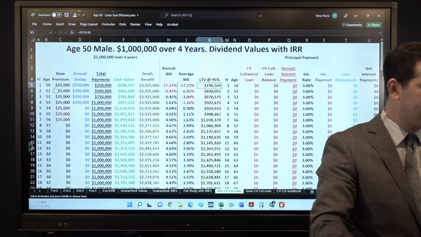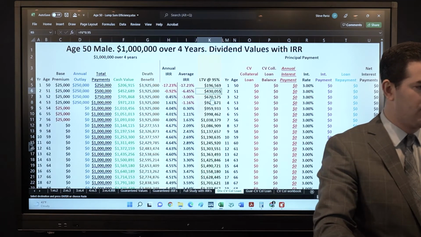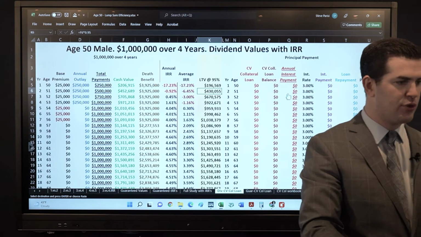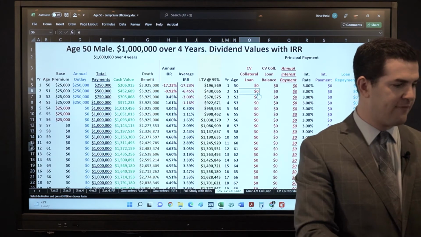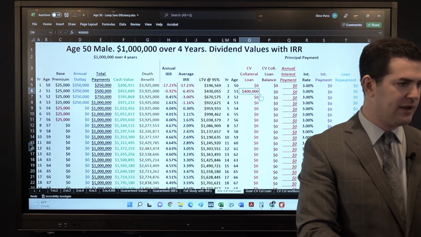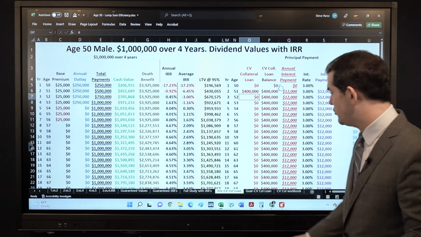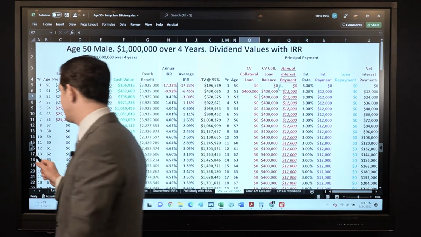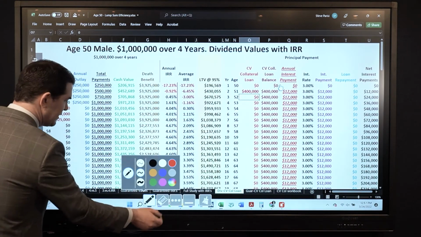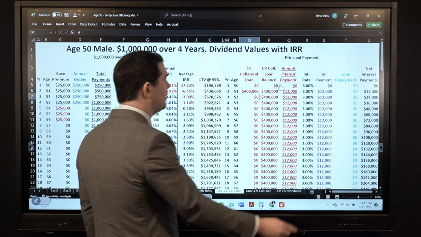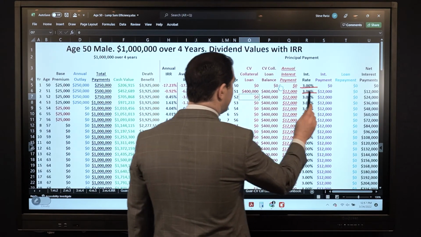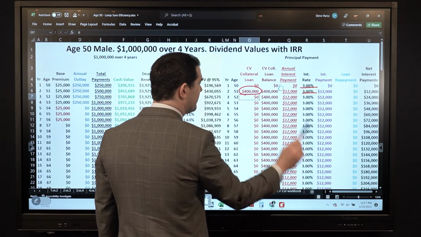So if he wants to take out a loan, let's assume it's policy year 2, LTV is 430, let's say we're going to take out $400,000. Now this workbook, because it's a cash value collateral loan, will assume we are always paying the loan interest. So what this means here is if I just plug in a loan at 3%, that's the rate, what do we have here?